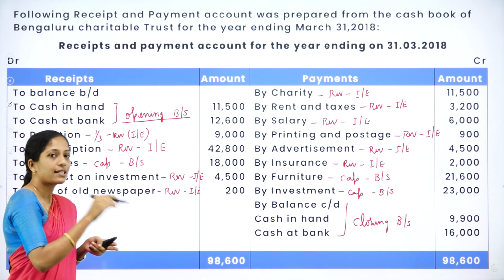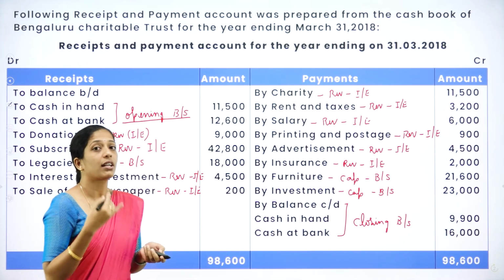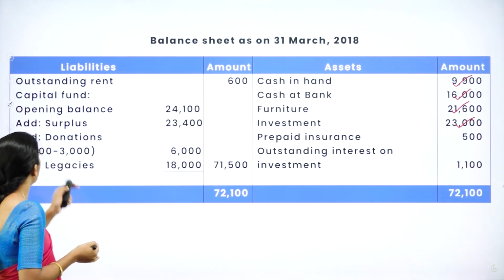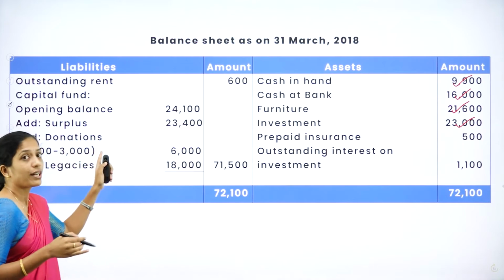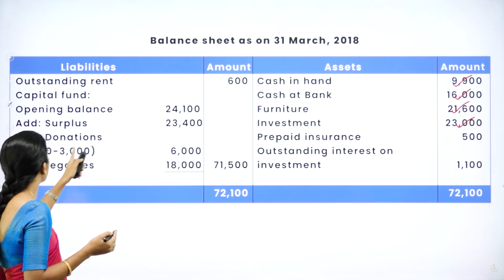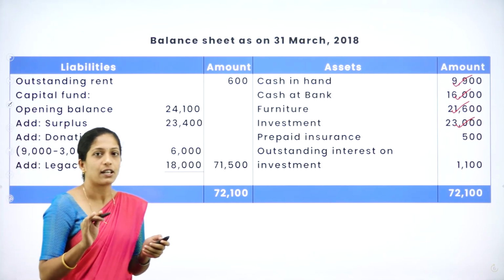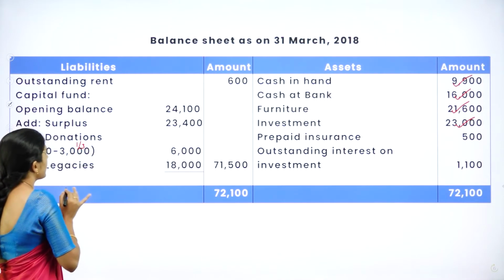One third we have already recorded in the income and expenditure account. The remaining has to be recorded, right? So how much donation do we have to take? The total donation was 9,000. One third of 9,000 is 3,000.